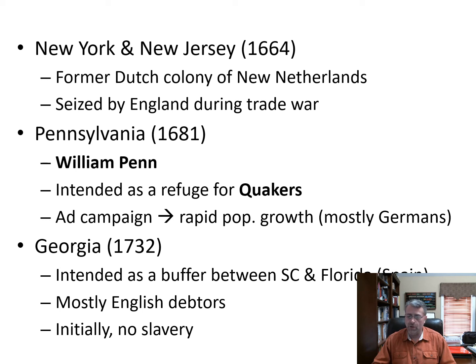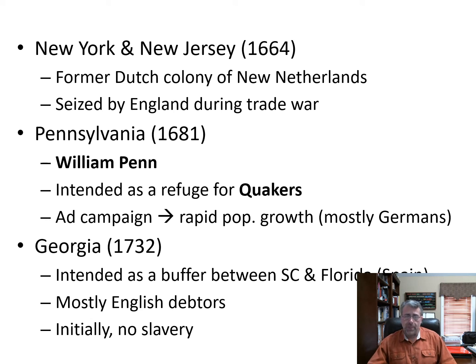And slavery would eventually move into Georgia as well. They'll change the law and allow slavery later on in the mid 1700s. So Georgia is unique in that in the beginning, slavery was specifically prohibited by law, but that changed as a matter of economic necessity. And Georgia will eventually look a lot like South Carolina in terms of its economy and agriculture.